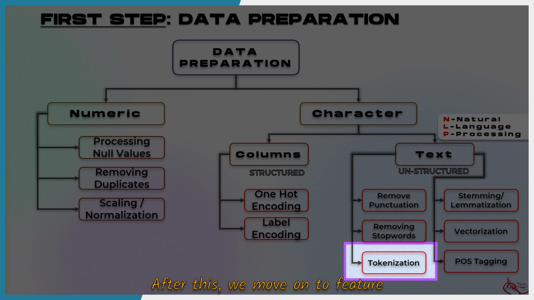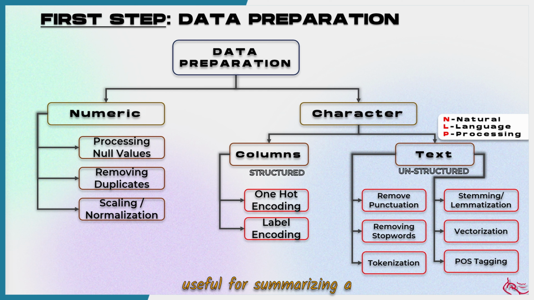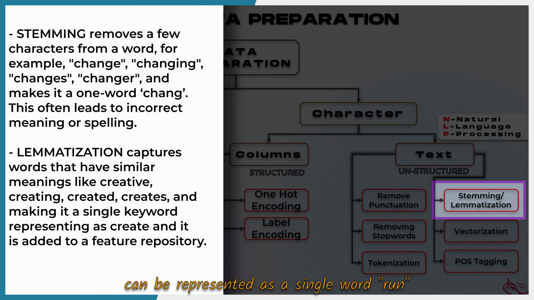After this, we move on to feature extraction by tokenizing the document into words or sentences. Tokenizing the text into sentences is useful for summarizing a passage, while word tokenization helps identify words with similar meaning such as run, running, ran, which can be represented as a single word run in our feature repository. This process is known as stemming.